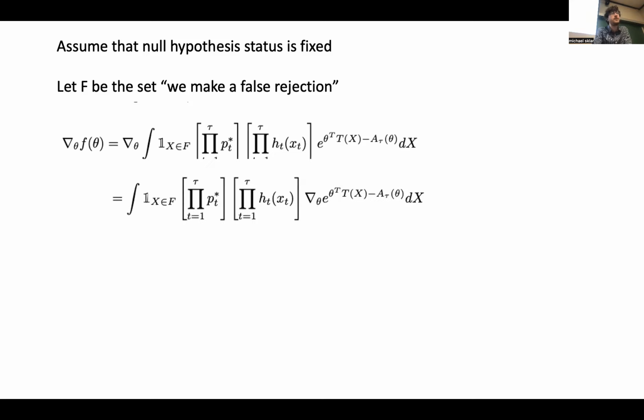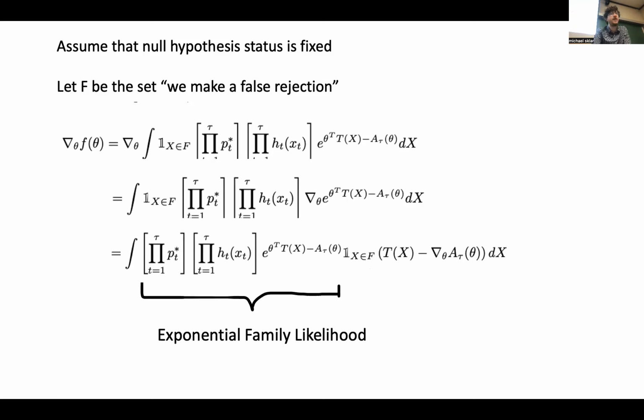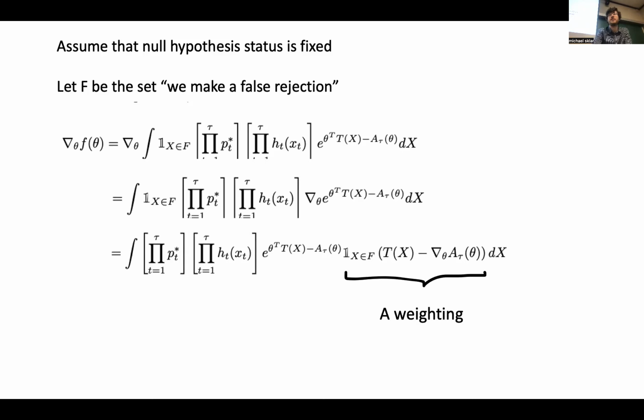And this gradient of the type 1 error probability, writing this out as an integral, if you pass that derivative into the exponential family likelihood, it pops out with this extra weighting factor, where we have, again, got the exponential family likelihood once more, and this extra little bit.